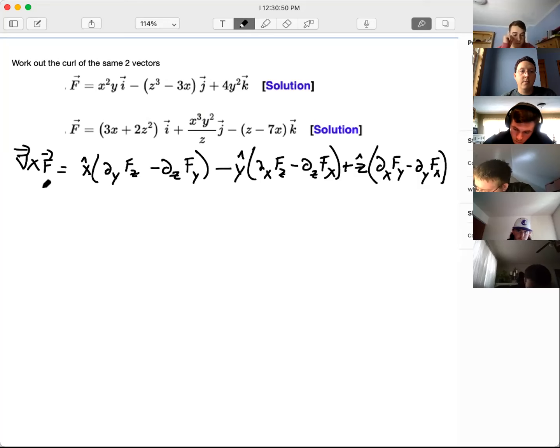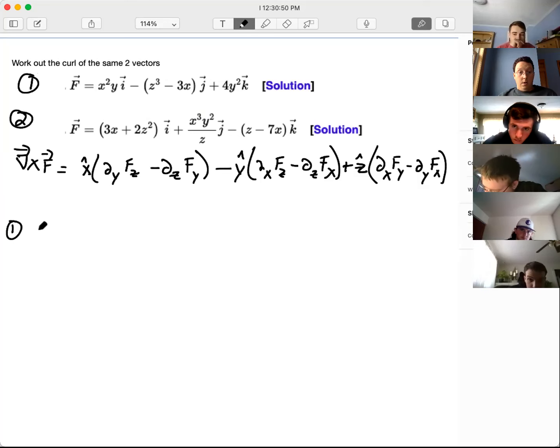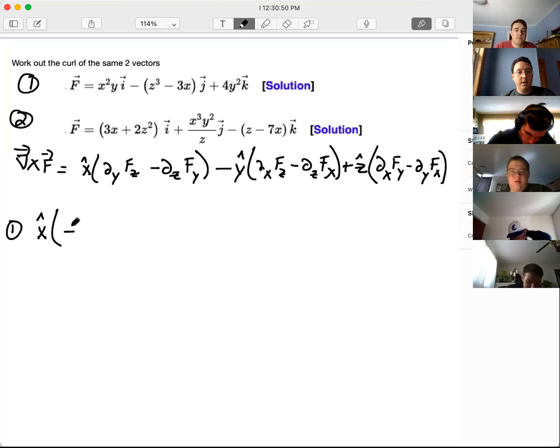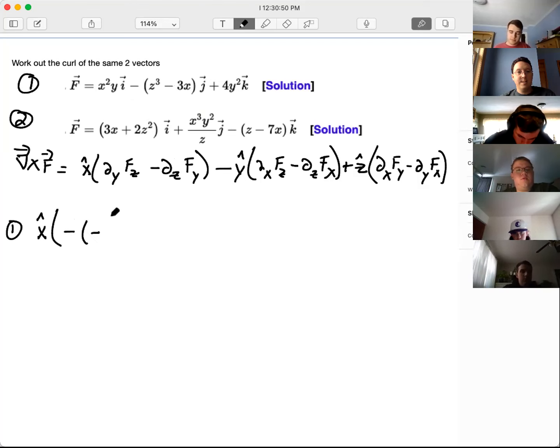So now we can crank it out. So on number 1, number 2. All right, it's about as much fun as it looks. X hat: partial y on the z component gives nothing, minus partial z on the y component. So that gives me minus, and then another minus, and I get 3z squared.